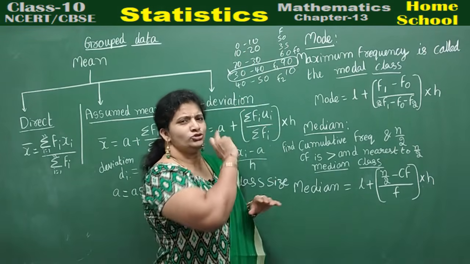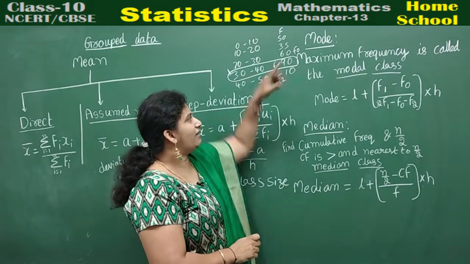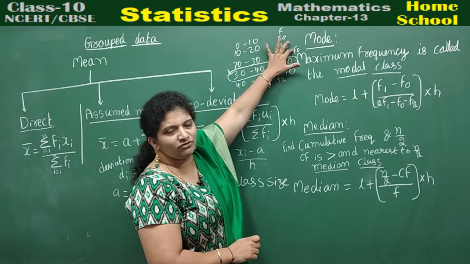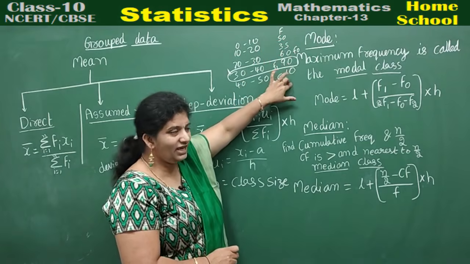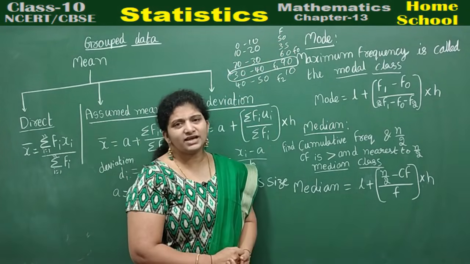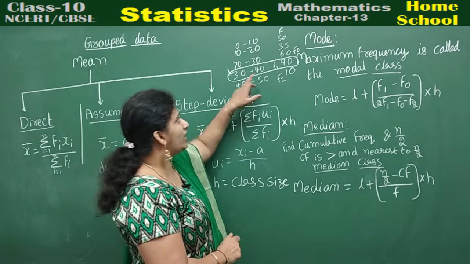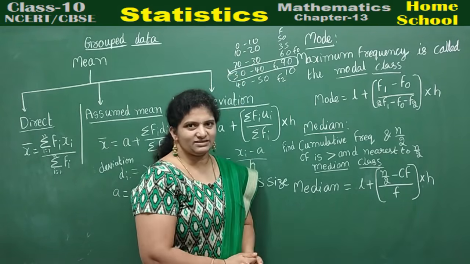You can imagine drawing a circle around the modal class with a pencil, then write F1, the one before it F0, and the one after it F2. F0, F1, F2 are ready, L is ready. Is anything else needed? H. What is H? Class size. How do you get class size? 40 minus 30, 10 is the class size.